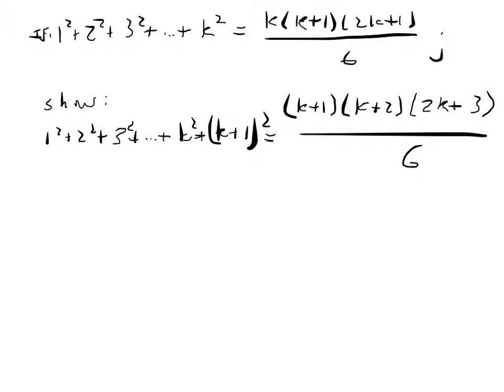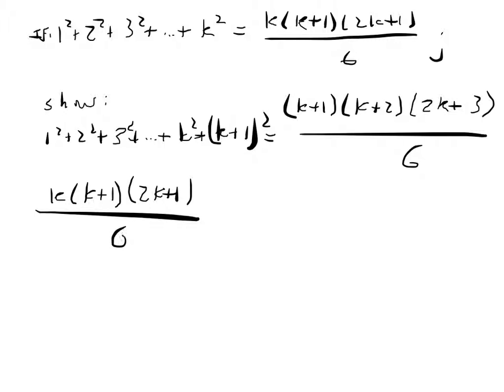Adding it to this right side gives me k plus 1, 2k plus 1, all over 6, plus k plus 1 quantity squared. And I need to show that that equals this, because if I've done that, I've shown that the formula works when I go from the kth term to the k plus first term.